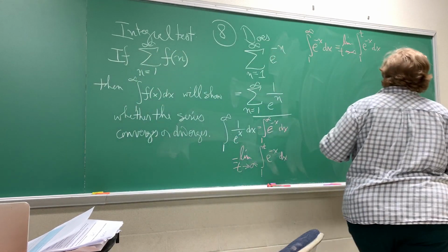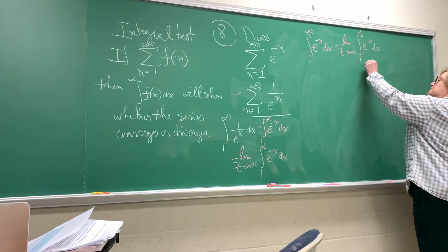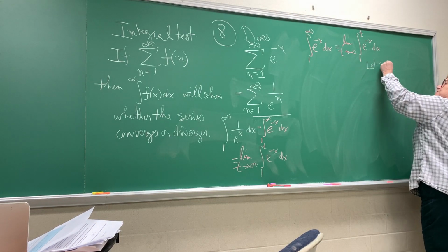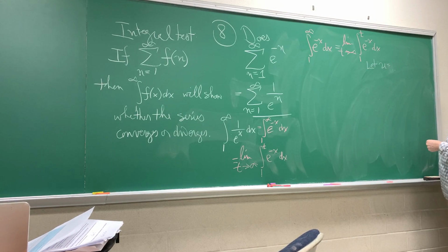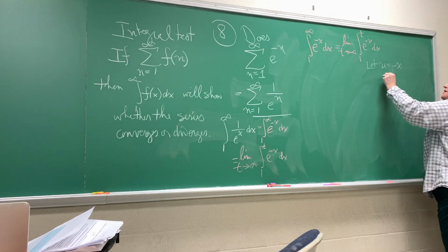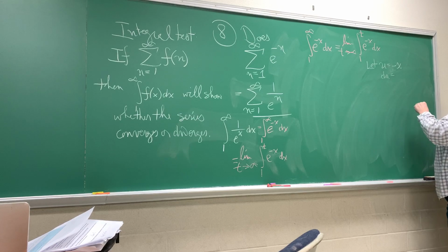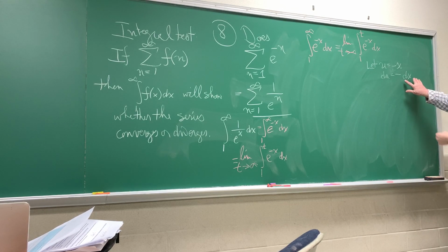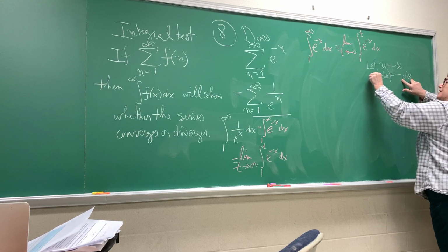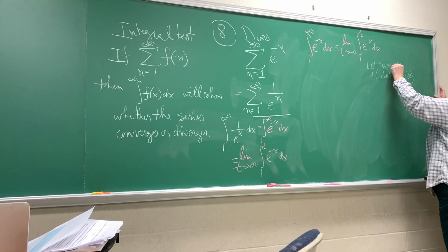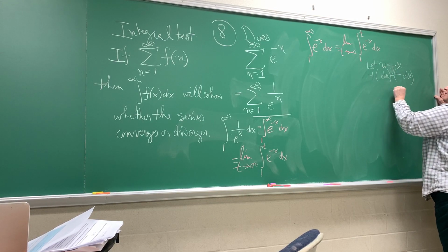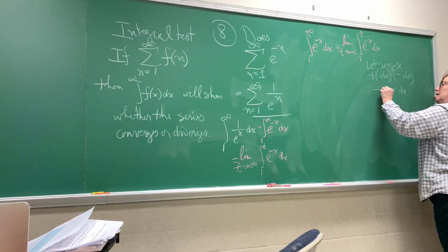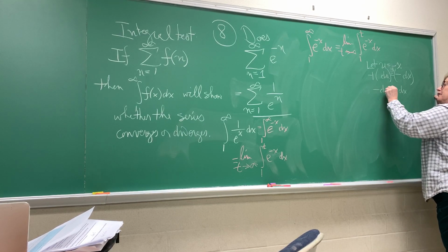So let's just do a quick u substitution. We're going to let u be negative x. So the du is negative 1 dx. Good. And we can multiply both sides of this by negative 1 so that we have positive dx on the right and negative du on the left.